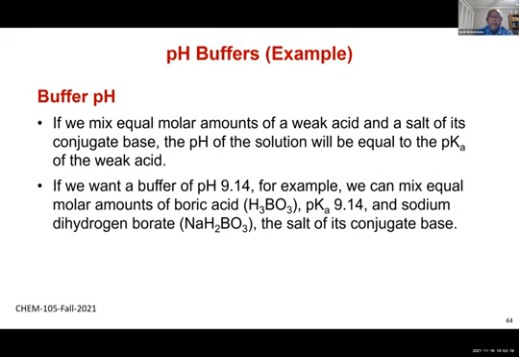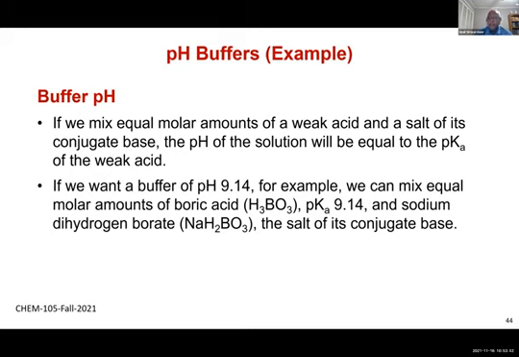Now we are not talking about the acetate buffer, but the boric acid buffer. Boric acid is H3BO3. Sodium dihydrogen borate is the conjugate base. If you have equal concentrations of the acid and the conjugate base, the pH of the solution is 9.14.